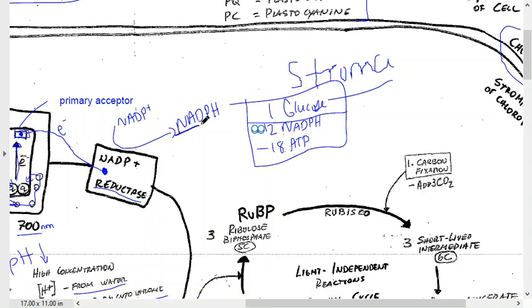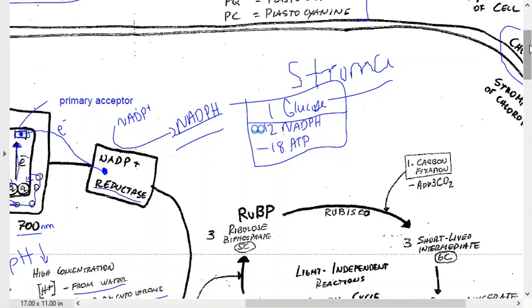So we're going to need 12 NADPHs, and that should make sense because glucose is C6H12O6. You need 12 NADPH because there are 12 hydrogens in glucose. 12 NADPHs and 18 ATPs just to produce one glucose.